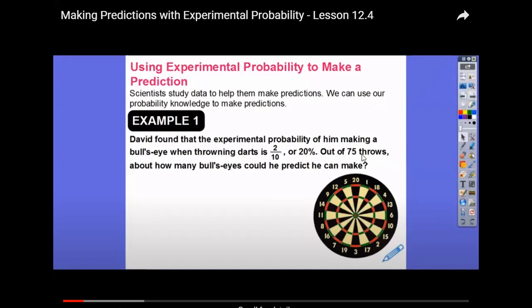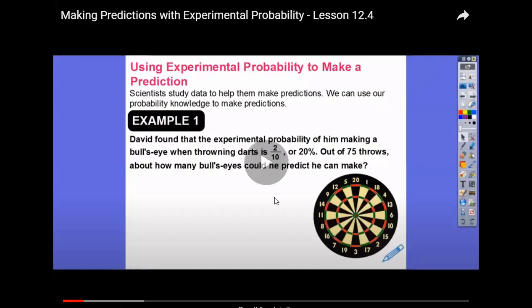Out of 75 throws, about how many bullseyes could he predict he can make? So at the beginning, he made an experiment out of 10, right? He wants to know, if it's out of 75, how many bullseyes could he predict he can make?